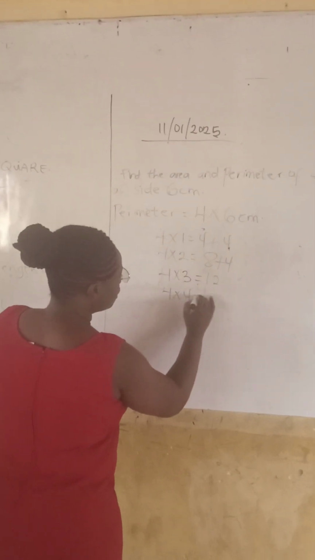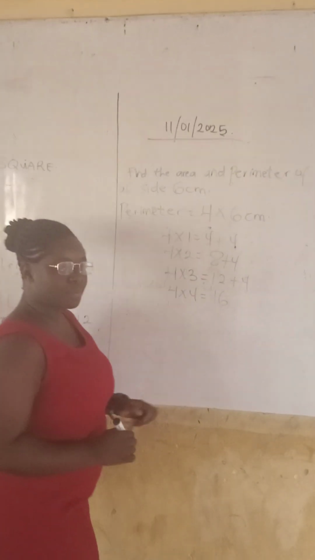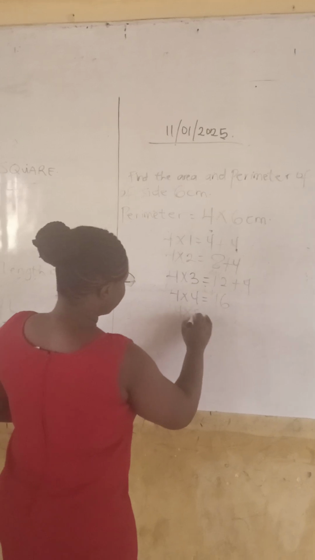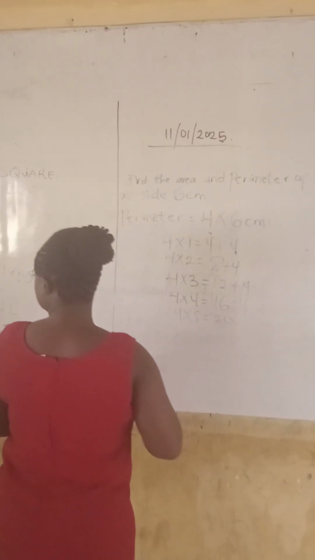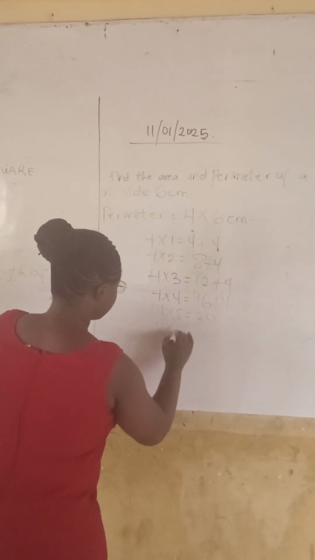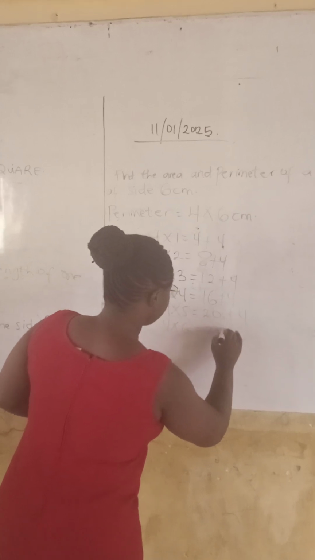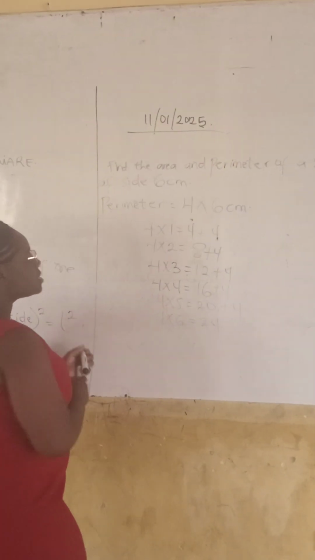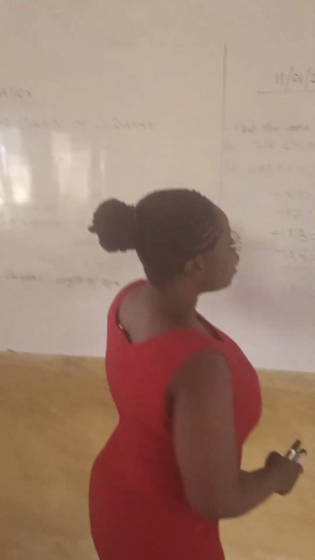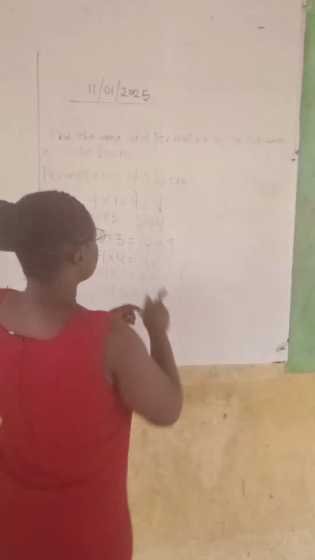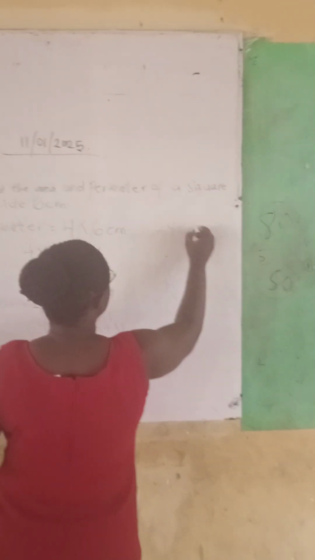4 times 4, we add 4 to it, which gives us 16. 4 times 5, we add 4 to it, which gives us 20. 4 times 6, we add 4 to it, which gives us 24. So 4 times the L, which is 4 times the length, gives us 24 centimeters.